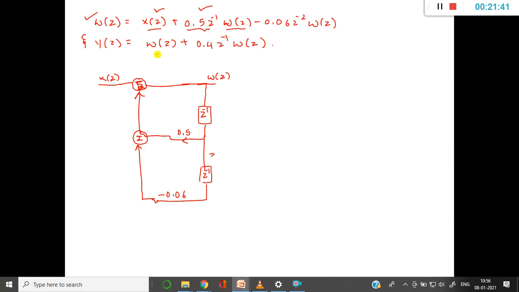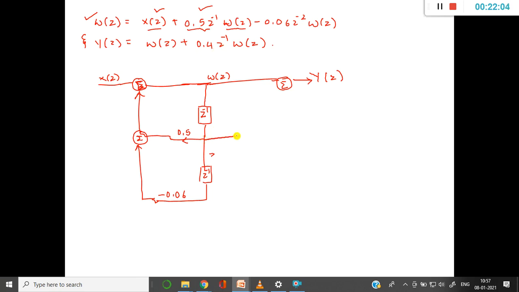Now I need to implement Y(z). The final output Y(z) is nothing but W(z). This W(z) is getting added with what? Z inverse into 0.4.